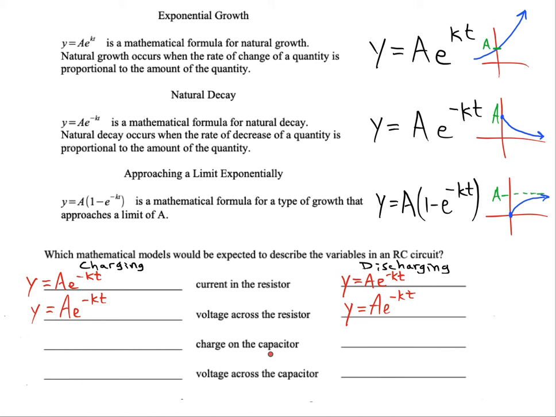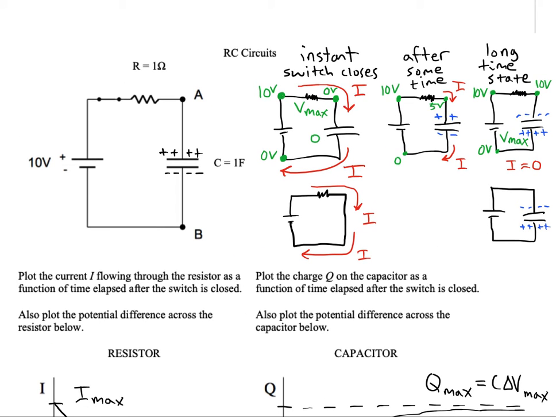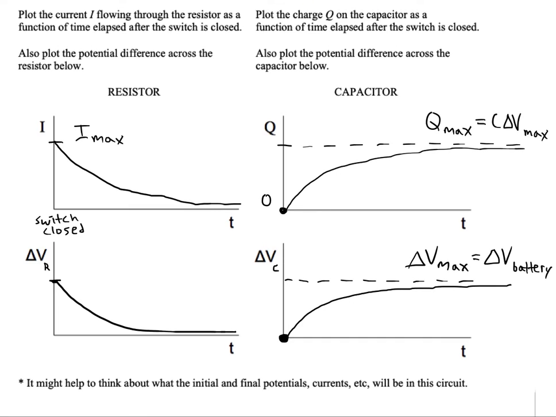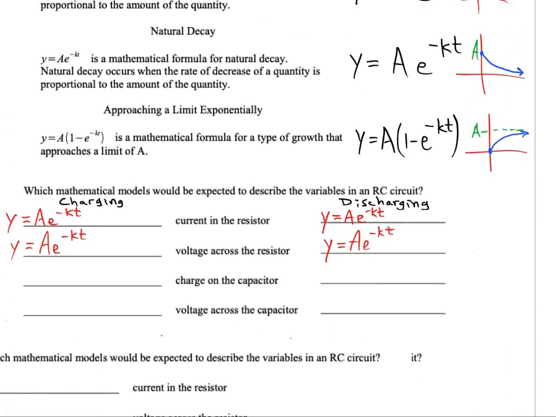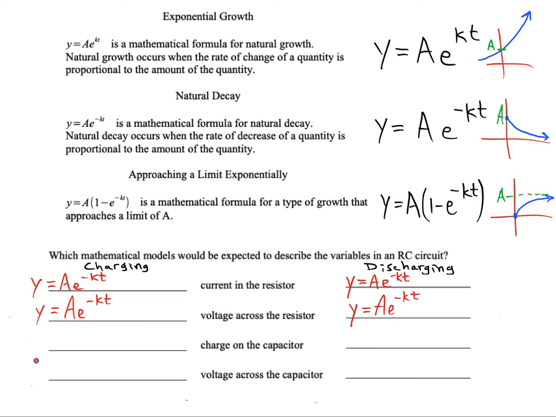What about the charge on the capacitor as we're charging the circuit up? In the example shown here, as we charge the capacitor up, we see that the charge approaches a limit. So that's what we want here. We want this type of formula.